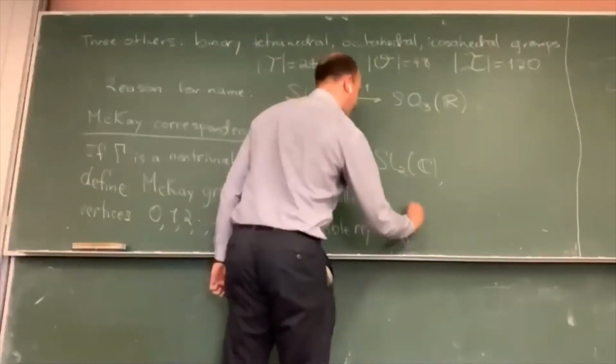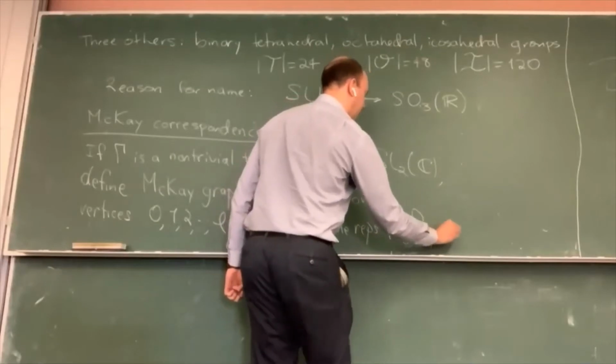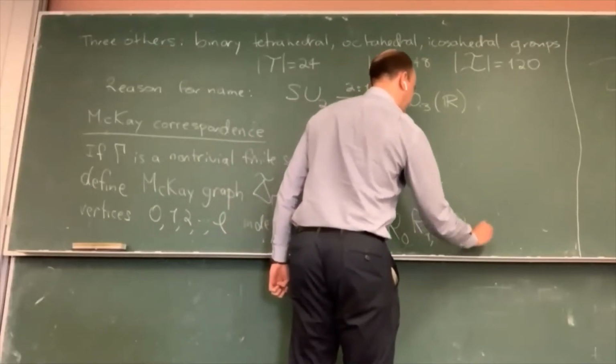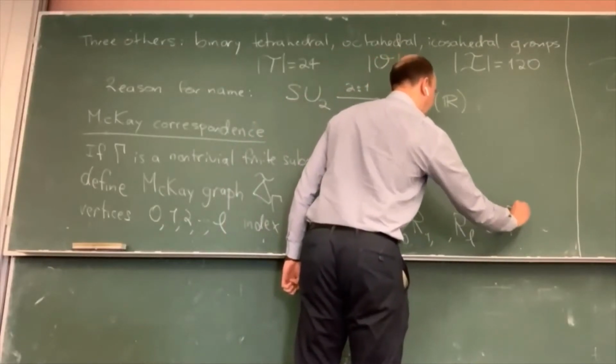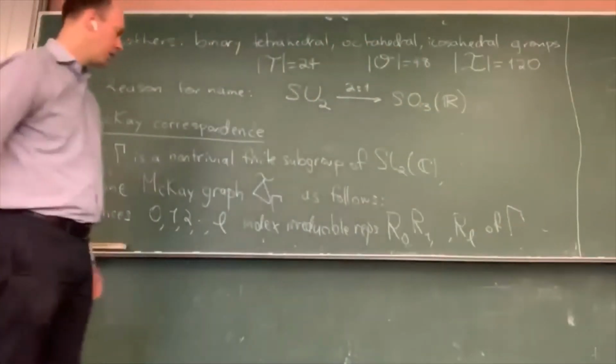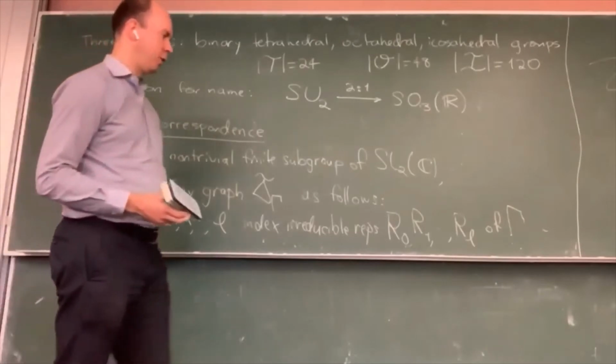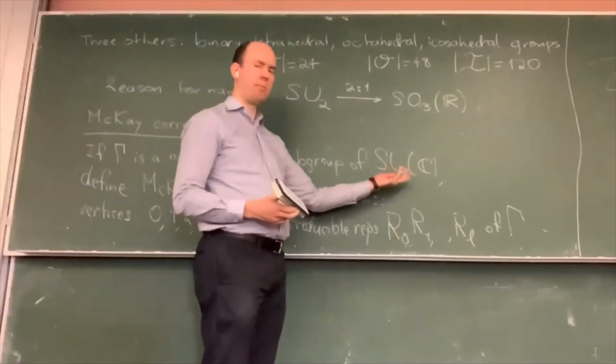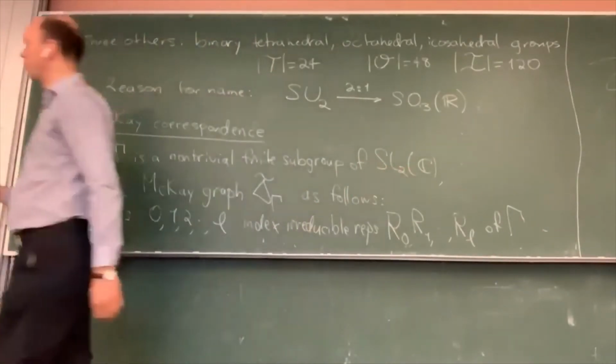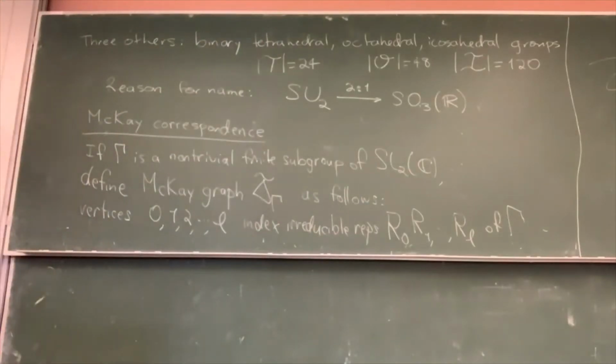So I'll call the irreducible representations R0, R1 up to RL, following Nakajima's notation. And the edges in the graph tell you what happens when you tensor representations by the natural 2-dimensional representation of SL2. So I'm going to have to go back over to the other board.